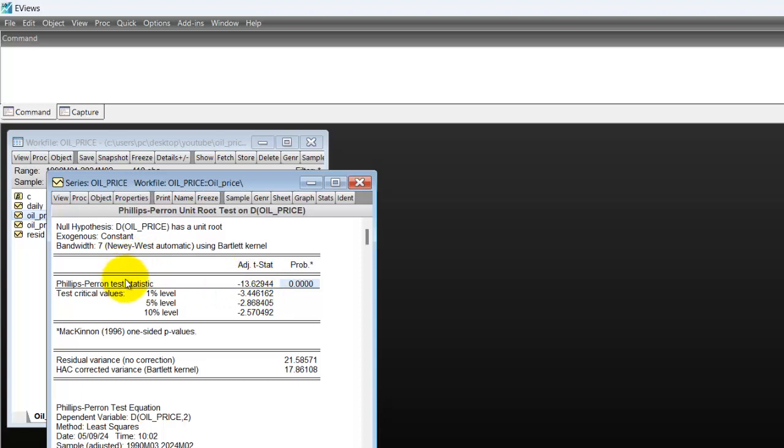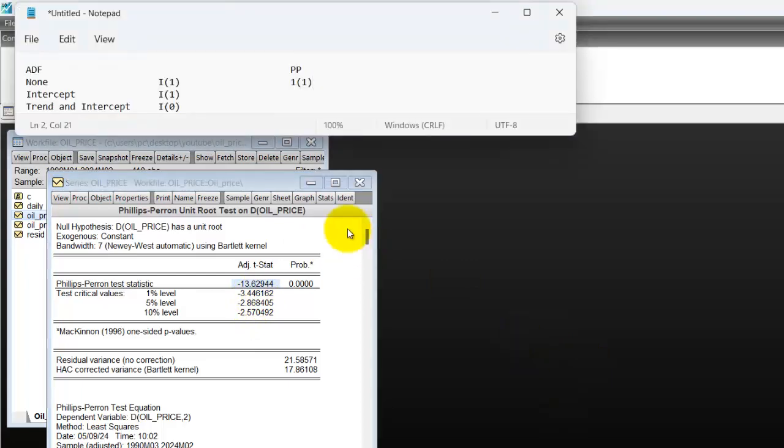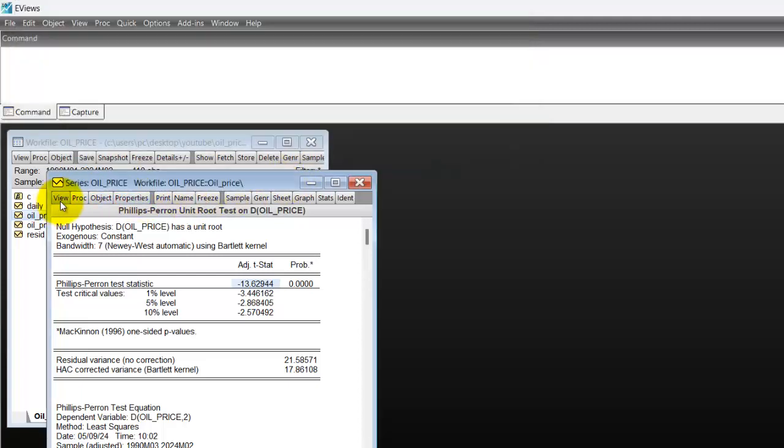And secondly, the absolute value of the PP test statistic is greater than the three critical values here. So now let us go back to our notes and indicate that for intercept, the result shows that oil price is I(1).